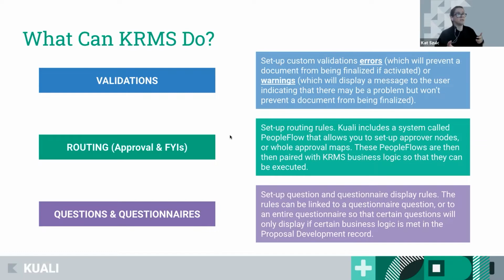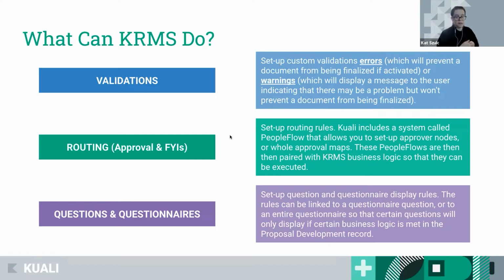A warning message just displays a message to the user indicating that there may be a problem, but it's not going to actually prevent a user from finalizing and routing a document. So again, each institution is able to build their own validations based on the criteria that are available in the system to support some of these error and warning checks that they want.